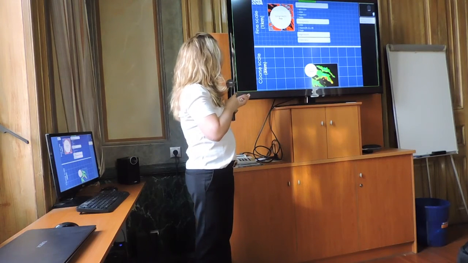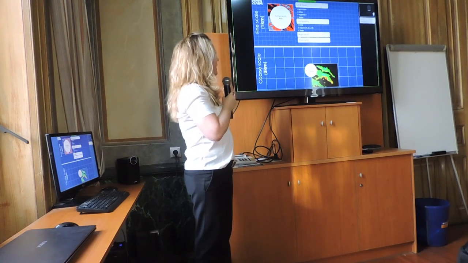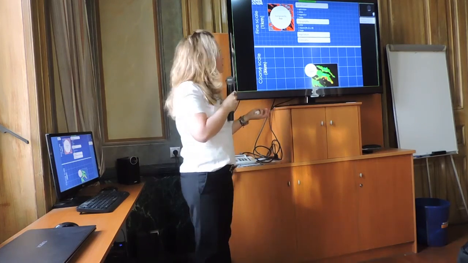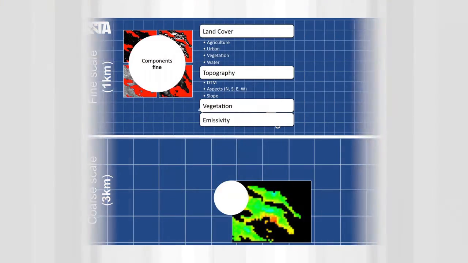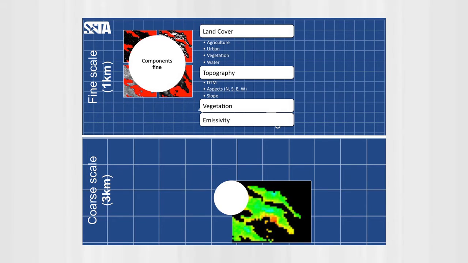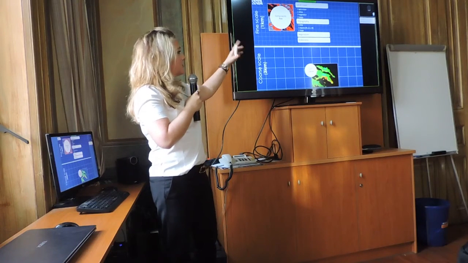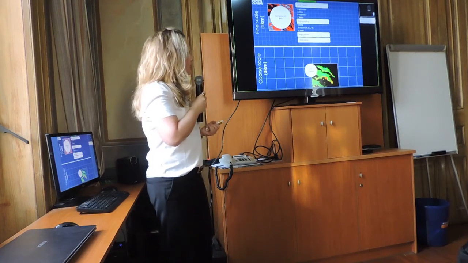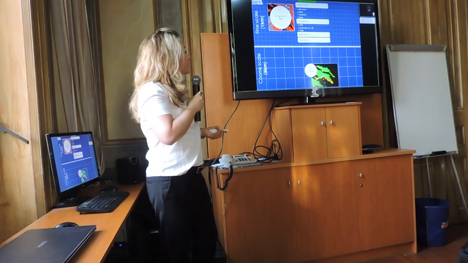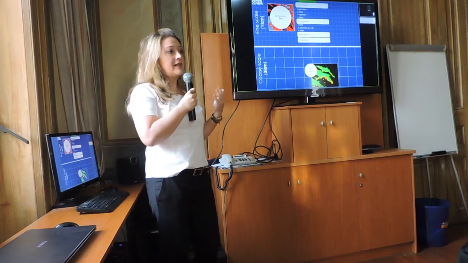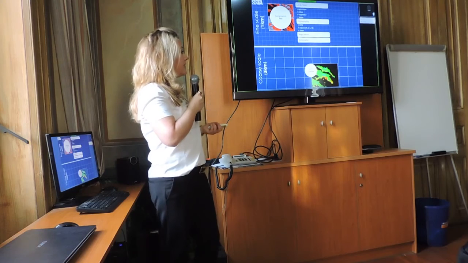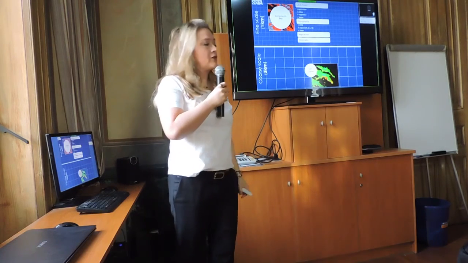For example, layers that could be relevant are land cover, where you would have agricultural land, urban, vegetation, water. Again, topography is quite important, so you would use a digital terrain model. You would calculate the different aspects, north, south, east, west, and slope. These are all derivatives from topography. You can have a vegetation layer from NDVI, and you can have an emissivity layer from MODIS, for example.